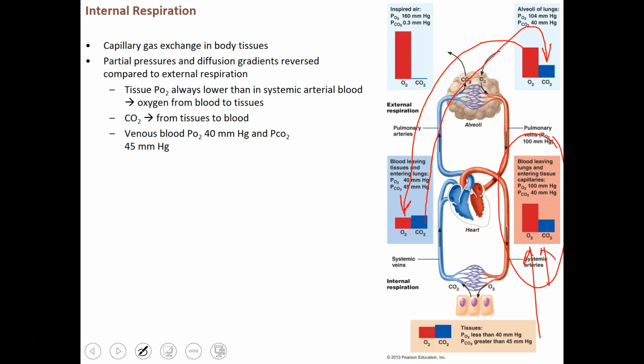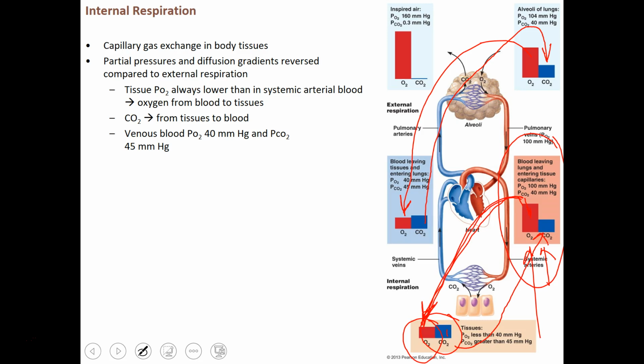Well, in tissues, the concentration of oxygen is fairly low. So oxygen leaves the blood and enters the tissues. While CO2 concentration in tissues is pretty high, so CO2 goes into the blood where the concentration is low.